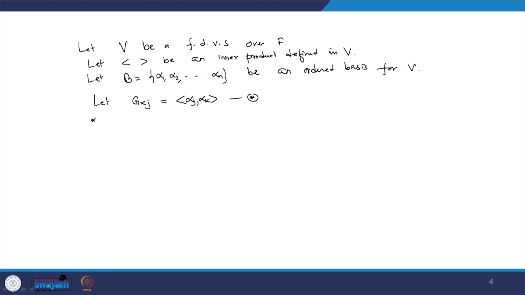So star introduces an n cross n matrix G. Claim: G is an invertible and Hermitian matrix.